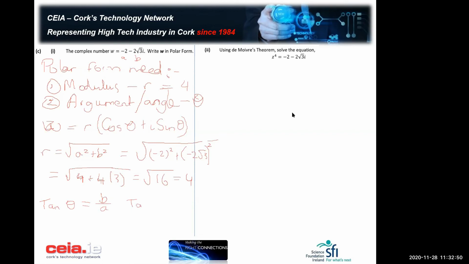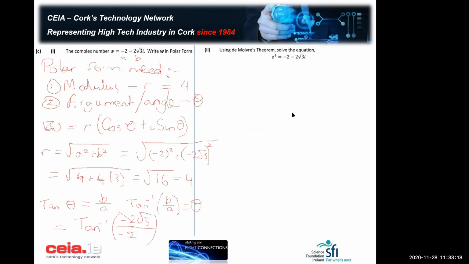So the inverse tan of b over a is equal to the argument. And in this case, we have the inverse tan of minus 2 root 3 all over minus 2.